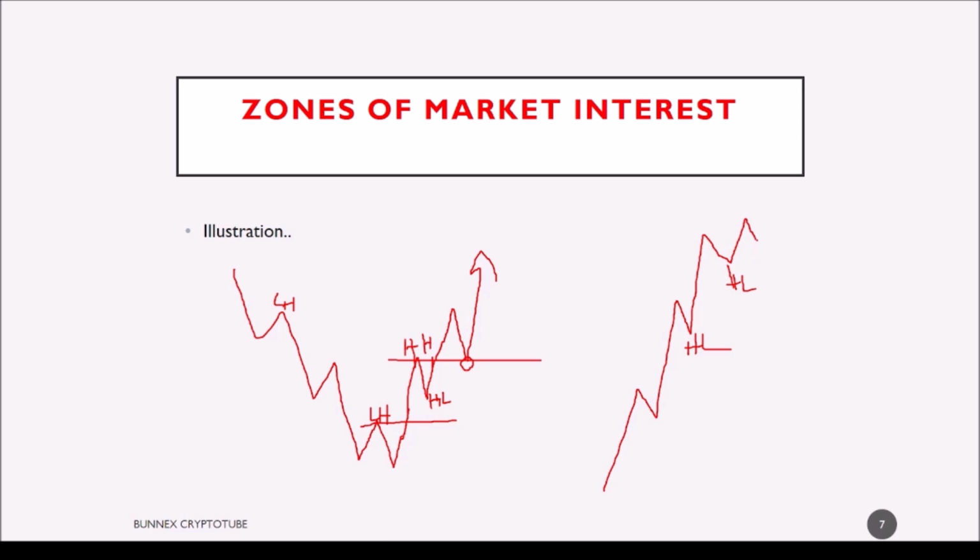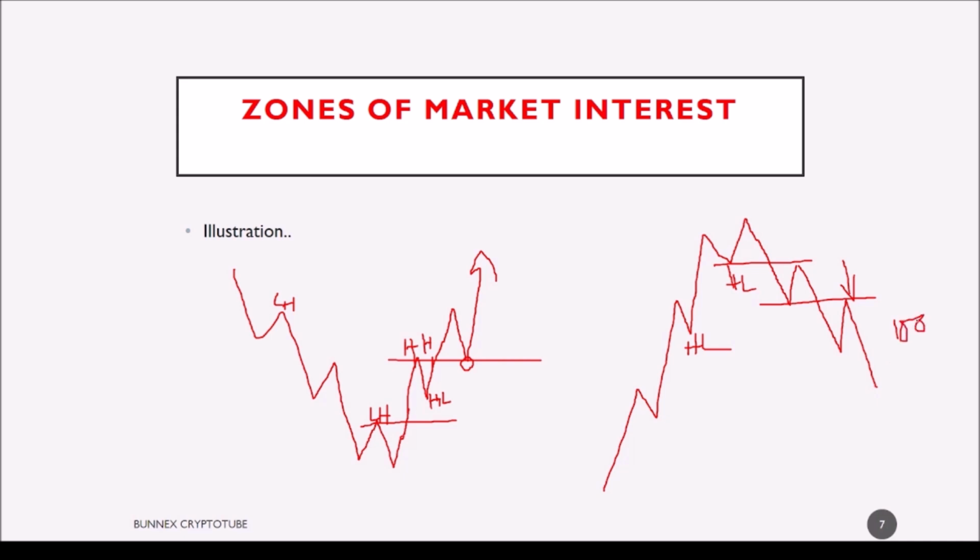Then on that last higher low, we can see the market actually breaking this level and giving us a hint that we may be in a new trend. We need to see a new lower low and a new higher low, and this becomes our zone of market interest for us to get in. That is where we would sell at this point and possibly get our $100 in a day.